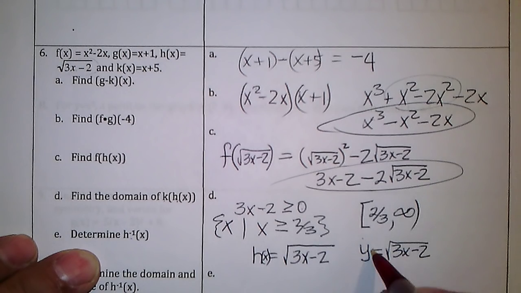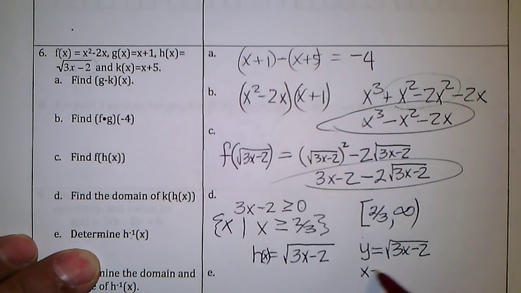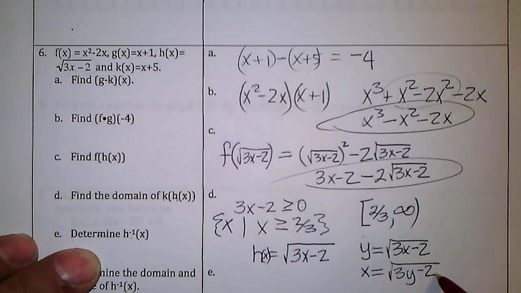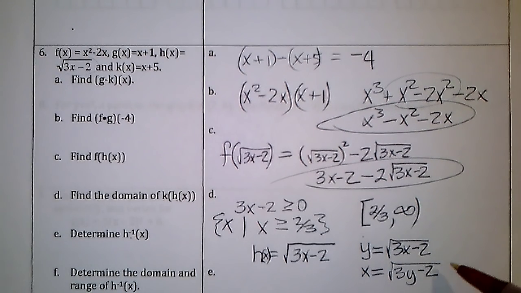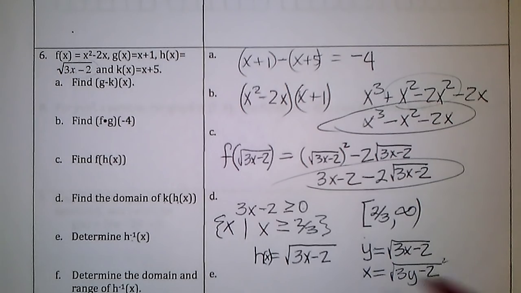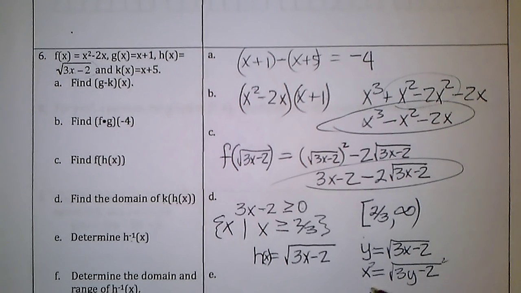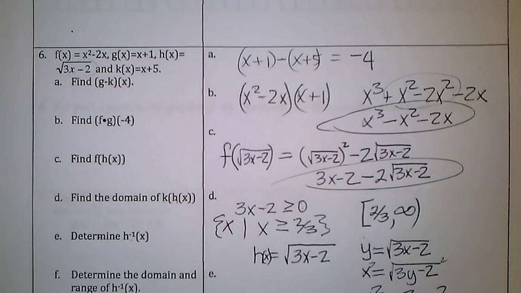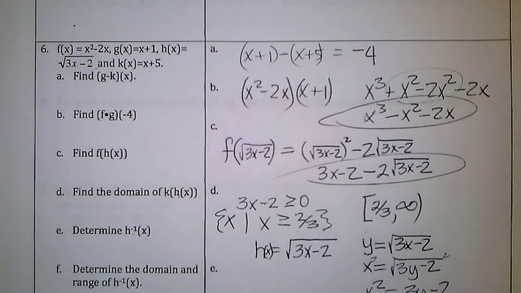Switch the y's and x's, so x equals the square root of 3y minus 2. Solve for y, so get rid of the square root by squaring both sides. So add 2 to both sides.